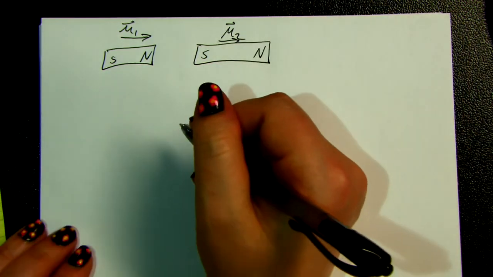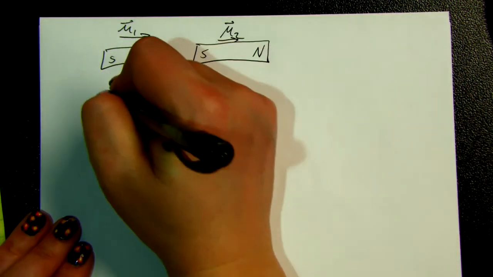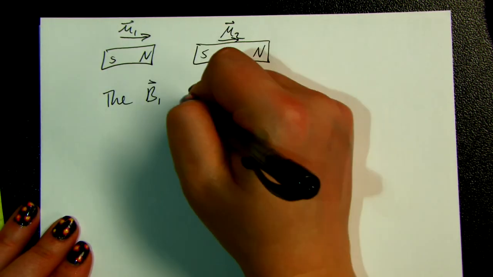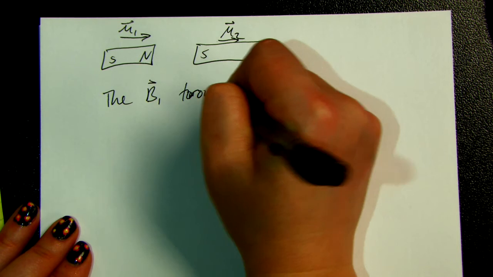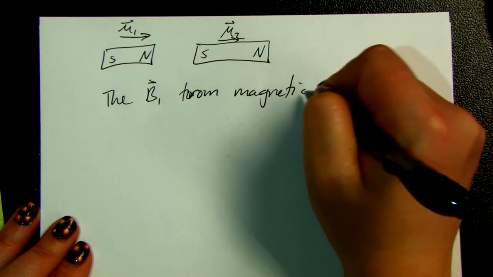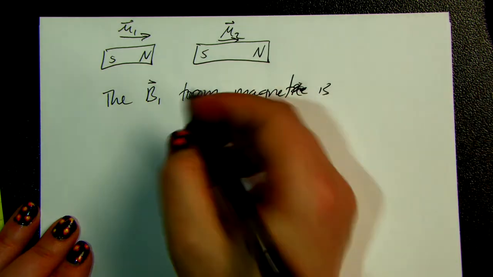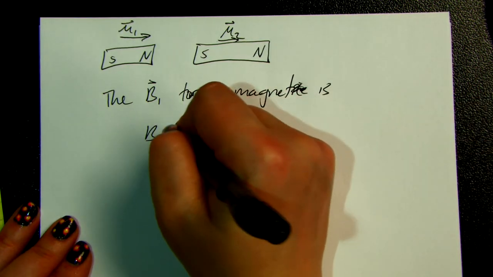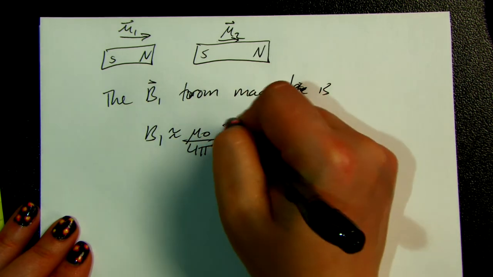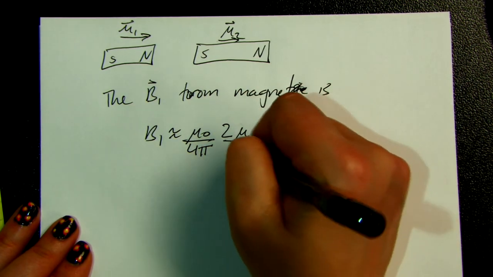And so the magnetic field from one magnet is, oh my goodness, B1 is approximately mu naught over 4 pi, 2 mu1 over x cubed.